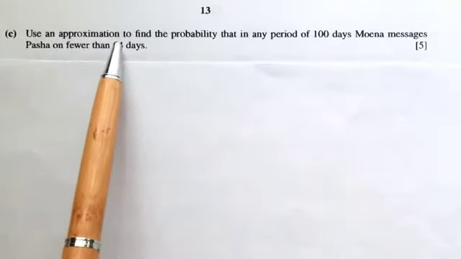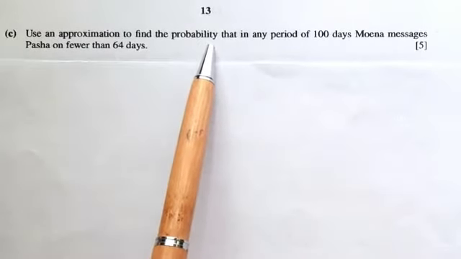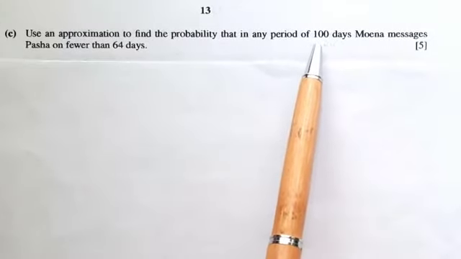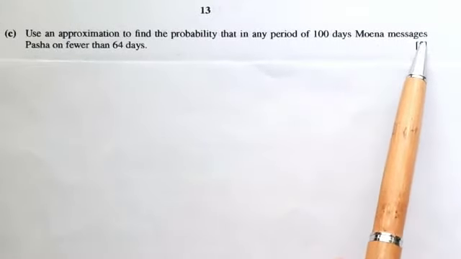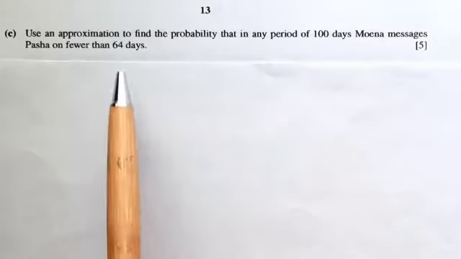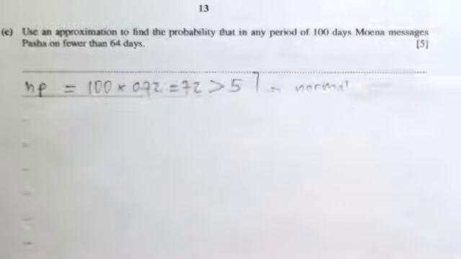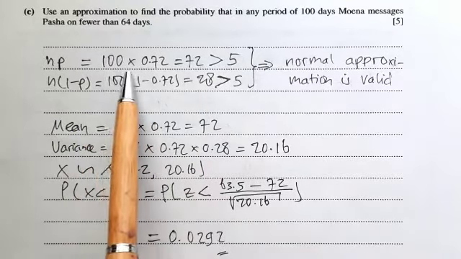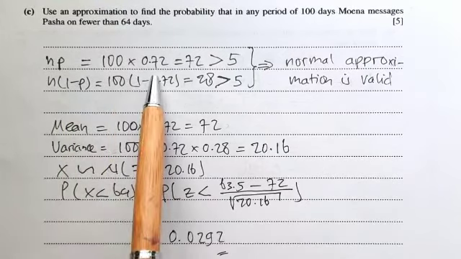C. Use an approximation to find the probability that in any period of 100 days, Mona messages Pasha on fewer than 64 days. Thus, in this question, n is 100 and p is 0.72.